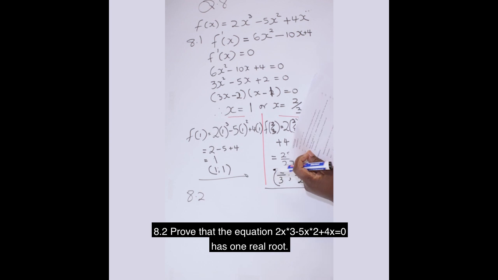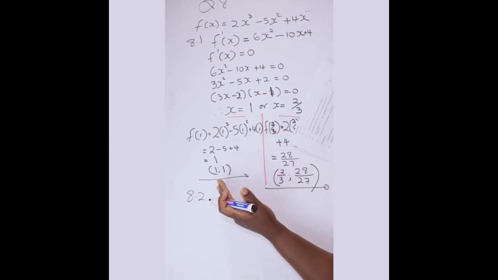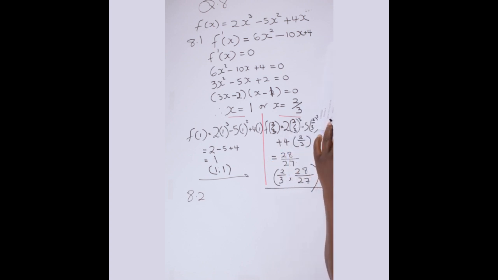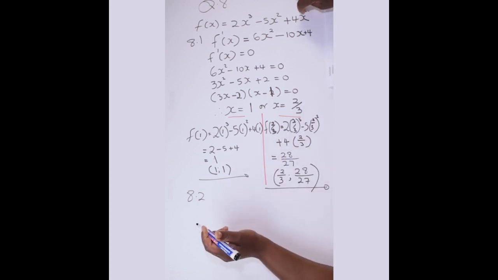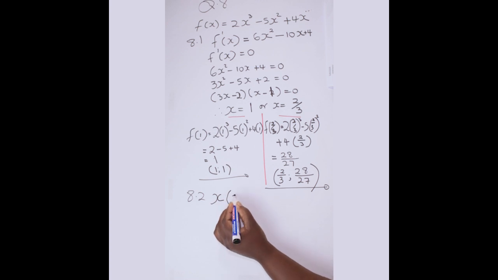People, in this one you have to do factorization directly. If you look at this, each and every term contains x. So we can take out the common factor of x and remain with a quadratic. So let's take out the common factor x. We're left with 2x squared minus 5x plus 4.